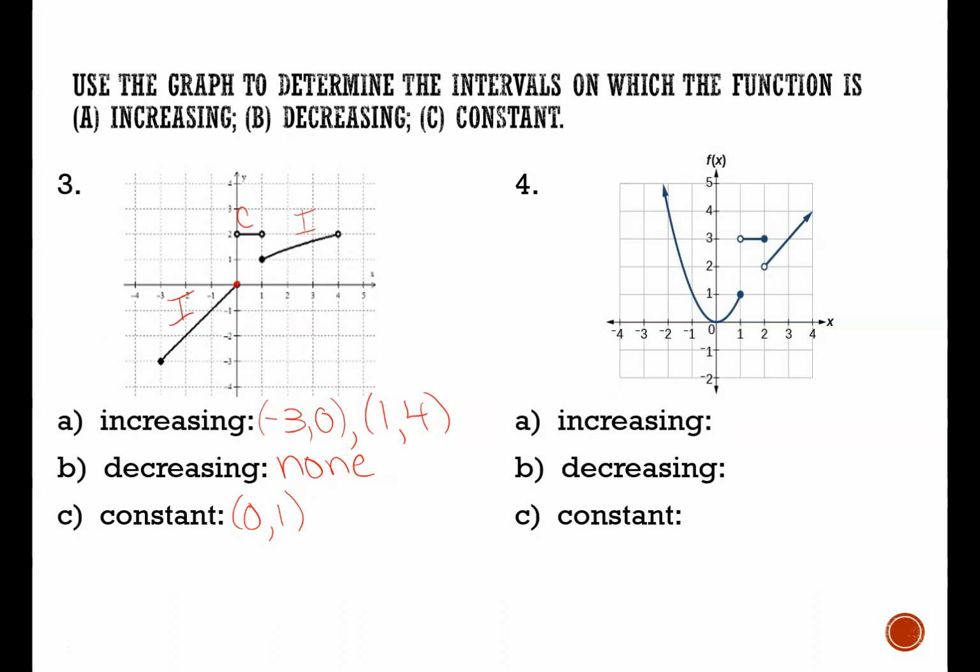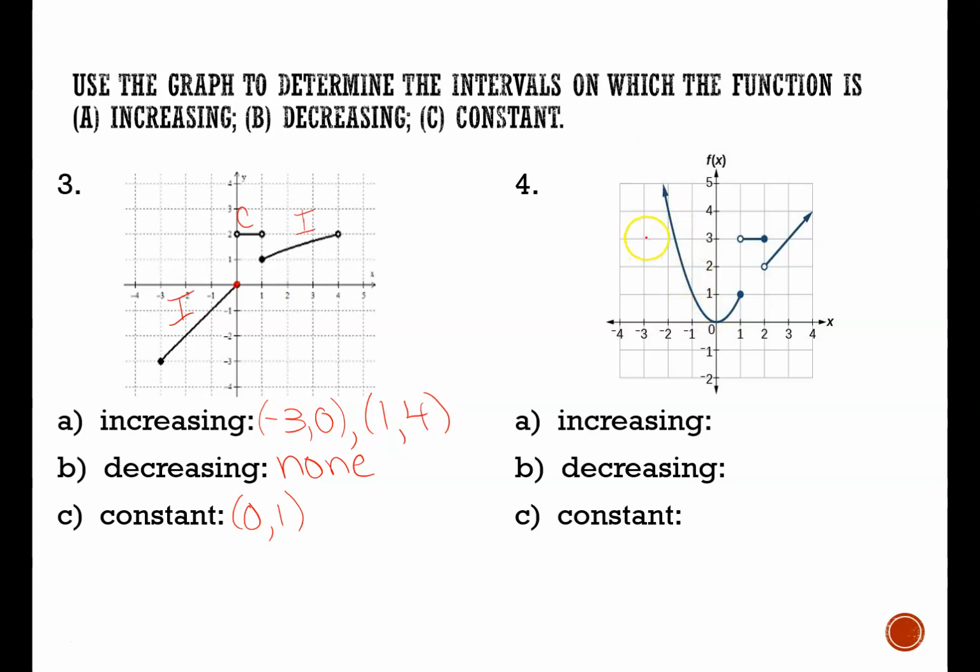Okay, look at number 4. It also has arrows on the end like number 1 did. It does have some breaks in it, but at each break, the graph picks up at that same x value. Let's go ahead and label. So I just start somewhere over here and I go towards the right.